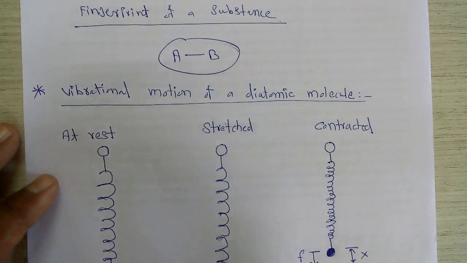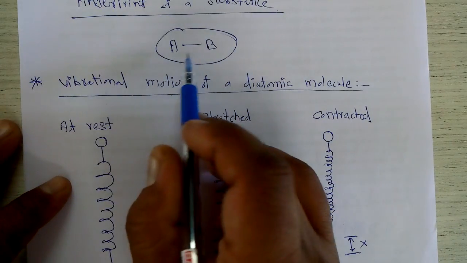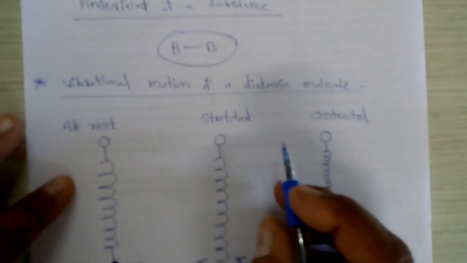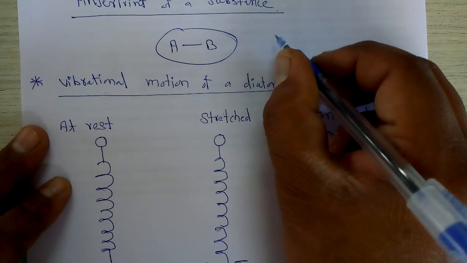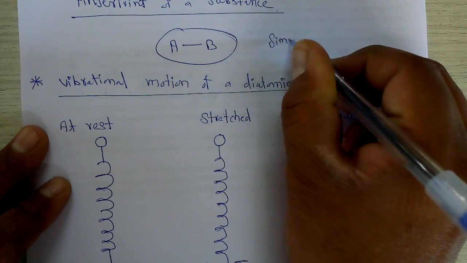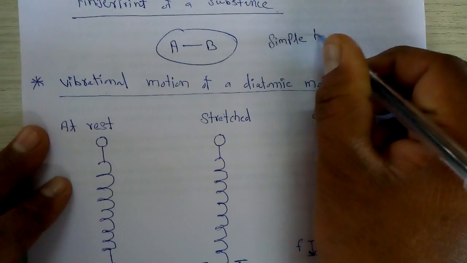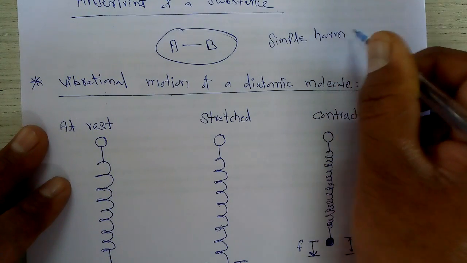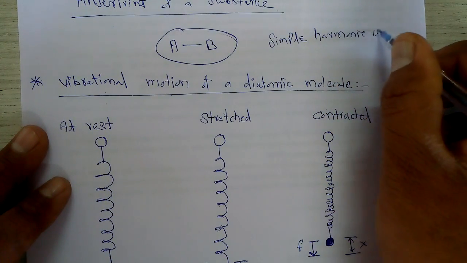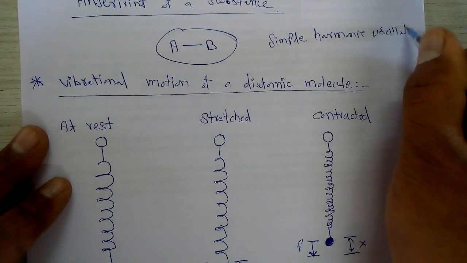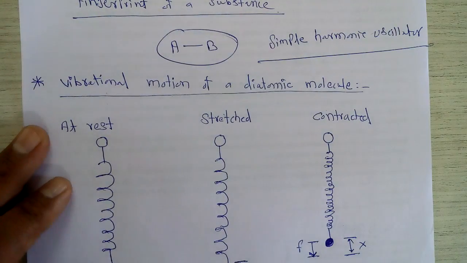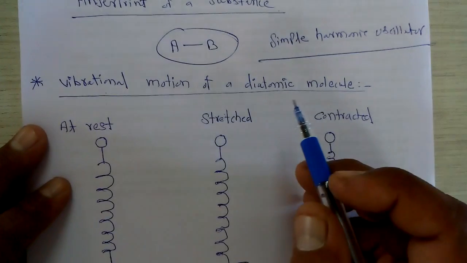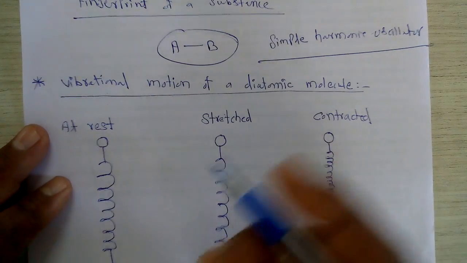First of all, this diatomic molecule is considered to be a simple harmonic oscillator, which means it shows oscillation at a regular interval.